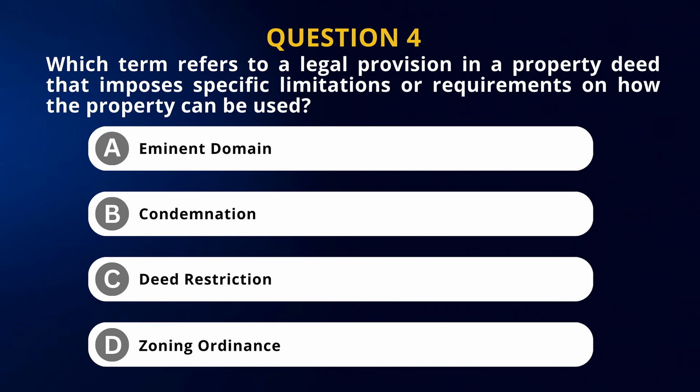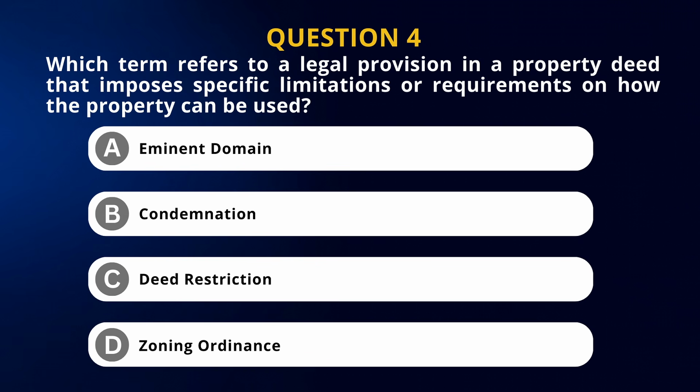Question number 4. Which term refers to a legal provision in a property deed that imposes specific limitations or requirements on how the property can be used? Letter A, eminent domain. Letter B, condemnation. Letter C, deed restriction. Letter D, zoning ordinance.